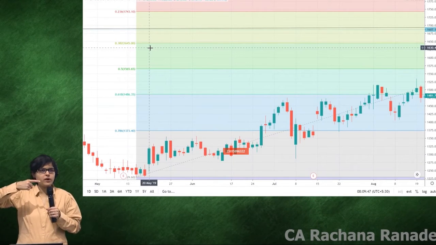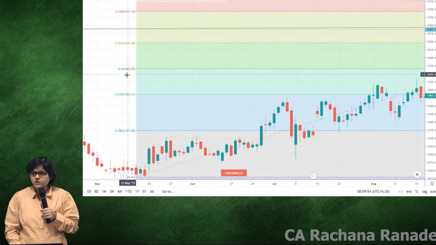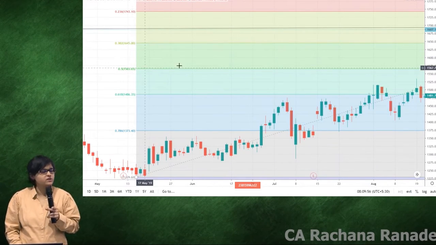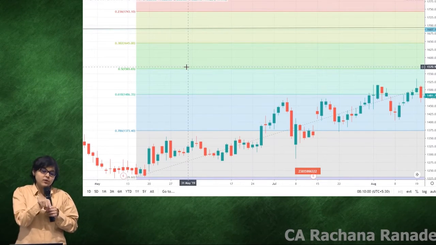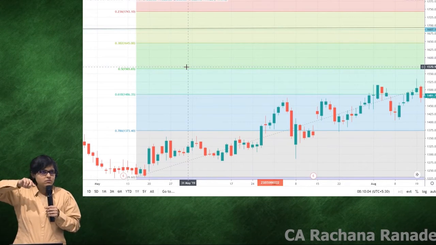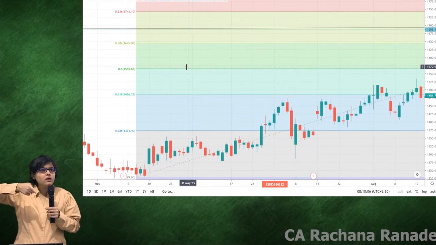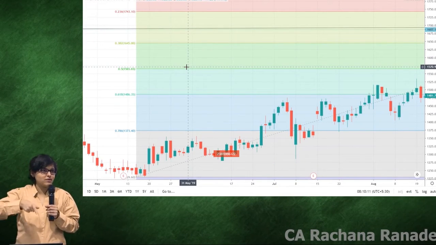That's a midpoint. Correct, na? So 38.2 plus 61.8 divided by 2 is going to give you the 50% level. That's also a very important level, by the way. And even in the Fibonacci number sequence, the very first two, 0, 1, and then we take 1 and 2, na? So 1 by 2 is also 50. The very first two takes you to 50 again.